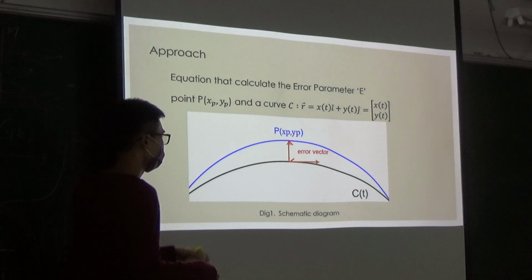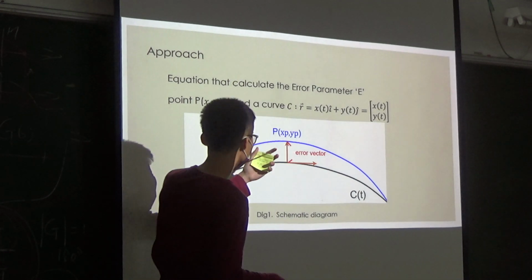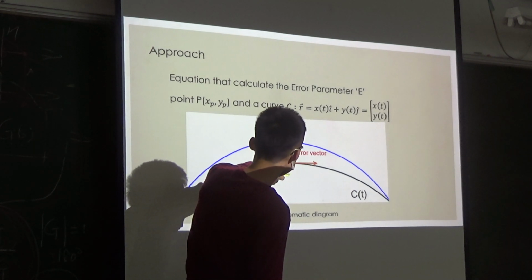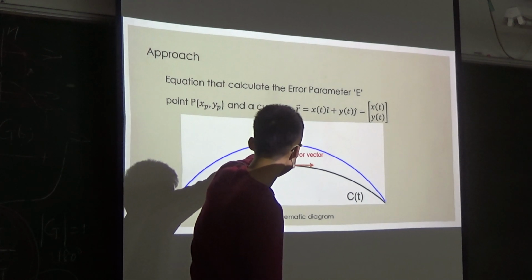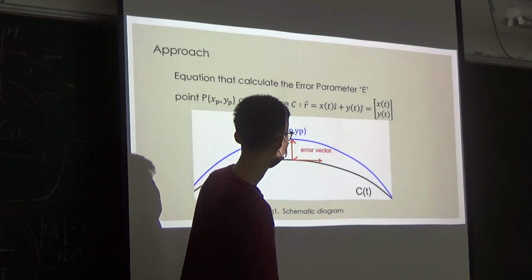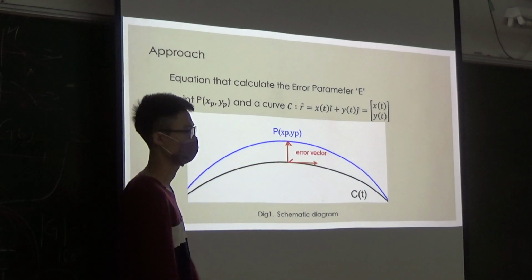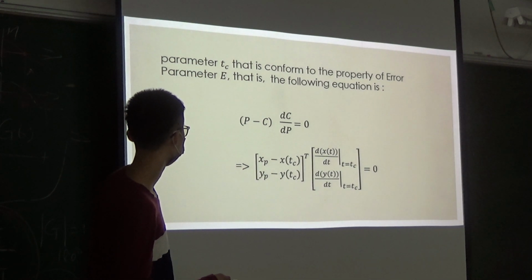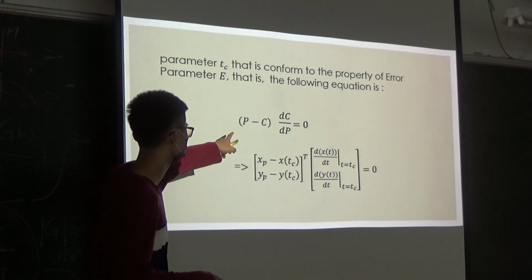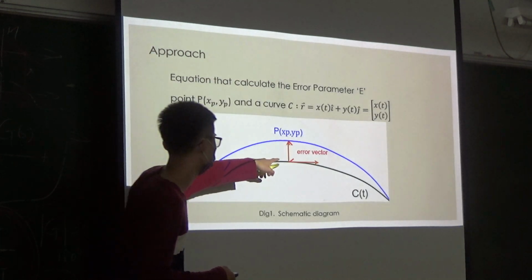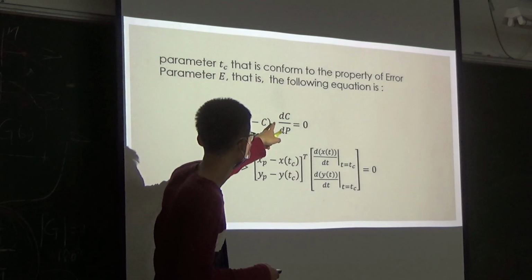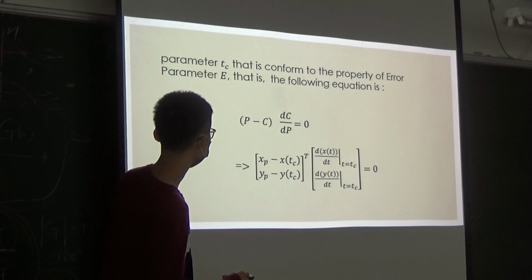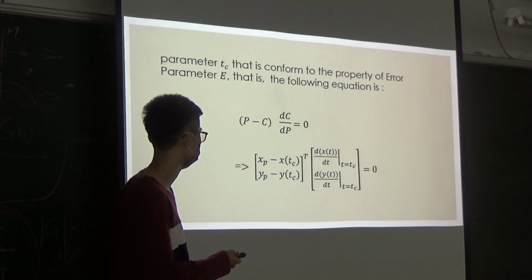There is the tangent on the curve C, and the vertical from curve C to the data point P. I call this vector the error vector, like a contour error. And how to calculate the error vector: P minus C, multiplied by the differential of C, equals 0, and that equals the following equation.